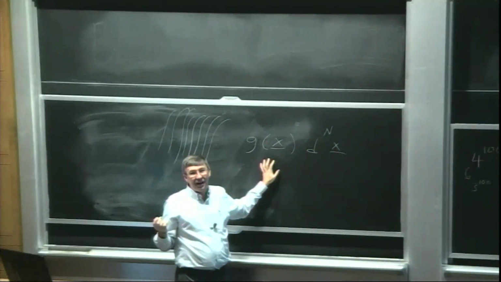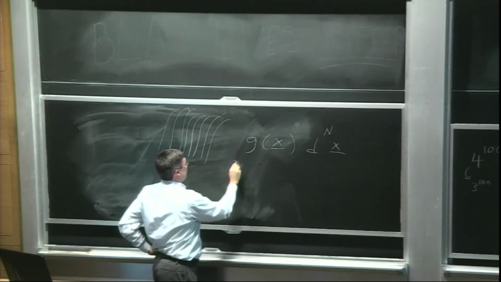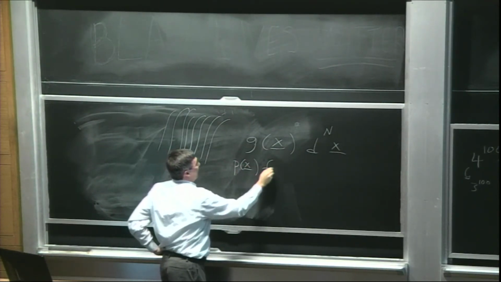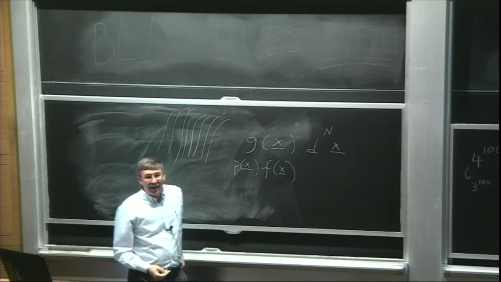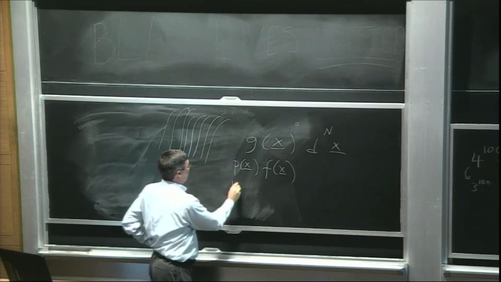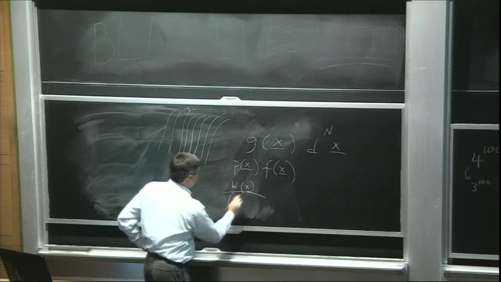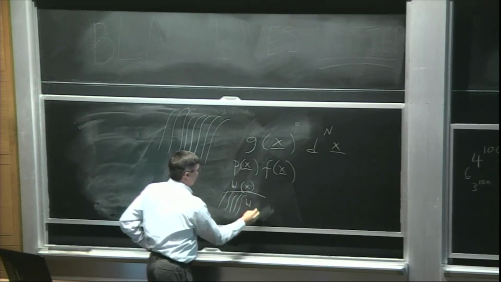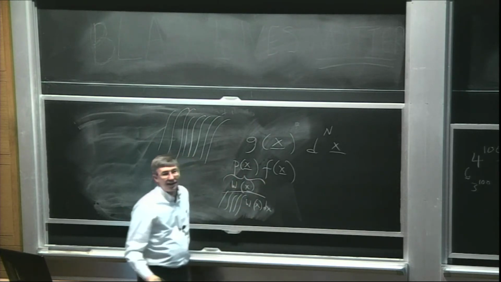And the clever thing is to figure out, can I rewrite this as p of x times f of x? Because I know how to solve those kinds. And even if I don't know what p really is, maybe I can write it as w of x over some number of integrals here. That'll be my p of x.